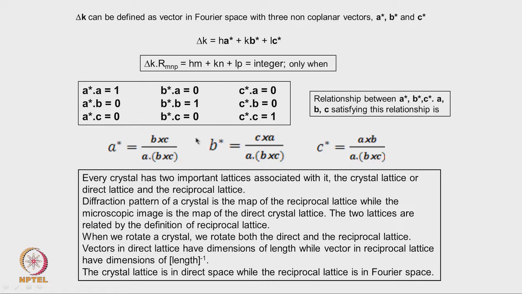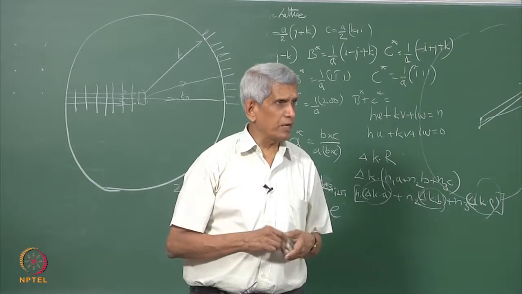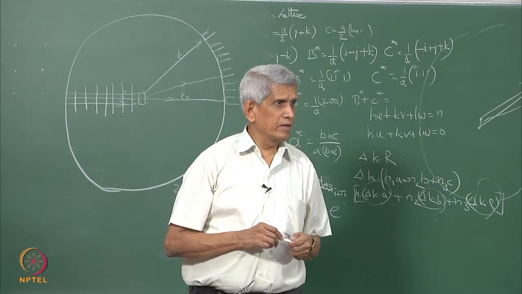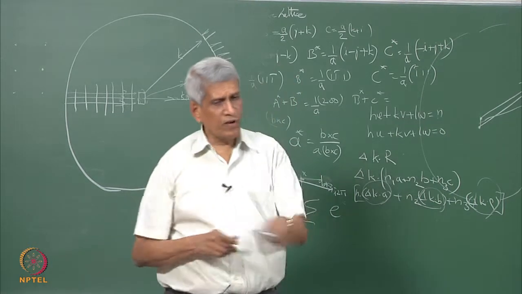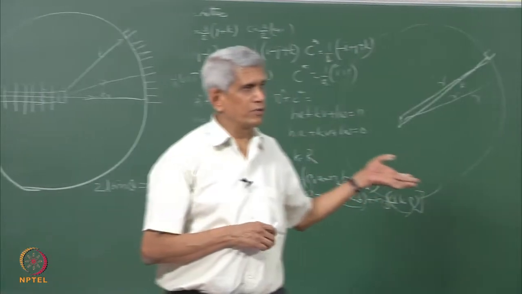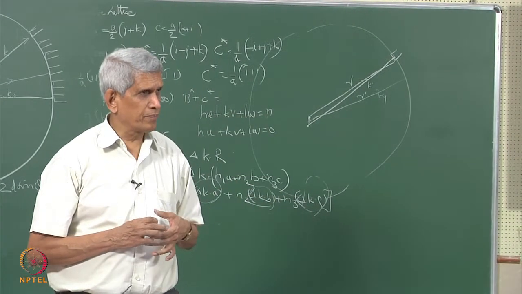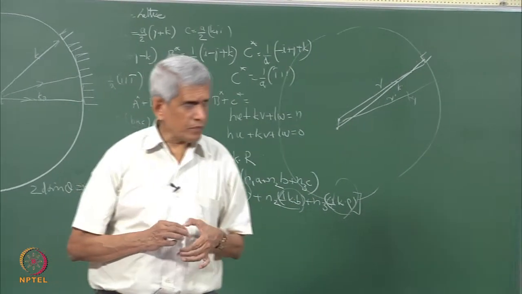So what is important from this derivation is that every crystal has two important lattices associated with it, the crystal lattice and the reciprocal lattice, right, direct lattice and reciprocal lattice. The diffraction pattern, what we can make out from this, is that the diffraction pattern is related to the reciprocal lattice, and that is one.